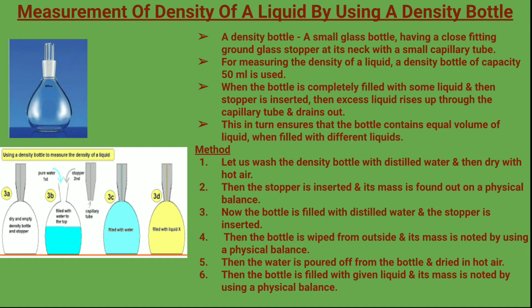Then we take its mass by a physical balance. Then the water is poured off, the bottle is dried with hot air, and again filled with the given liquid. Same process: insert the stopper, and take the mass using a physical balance.